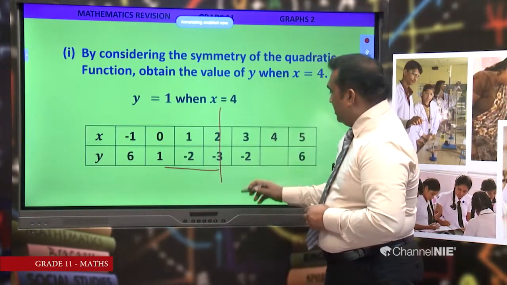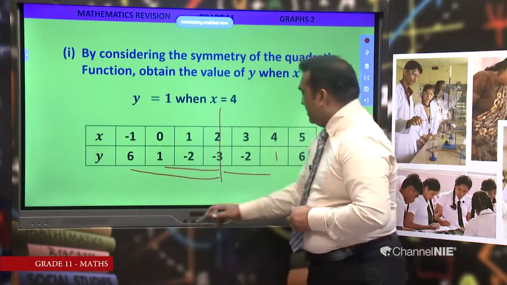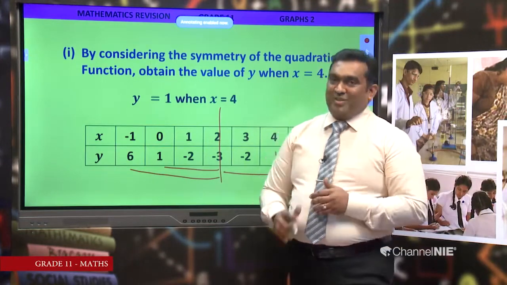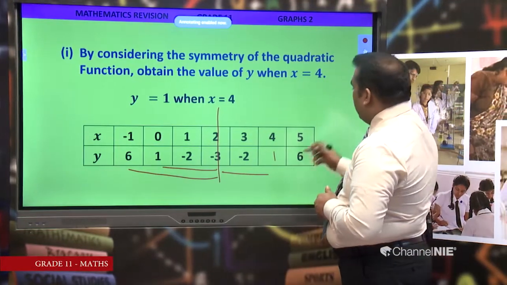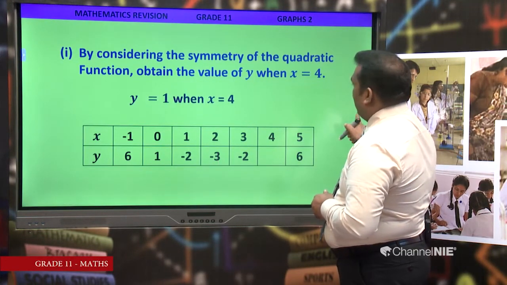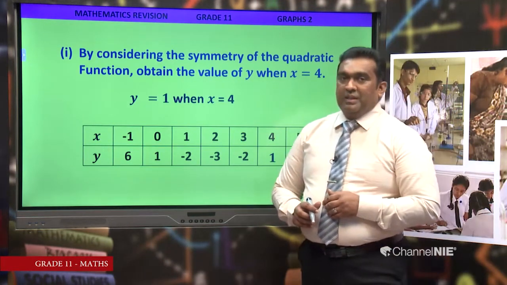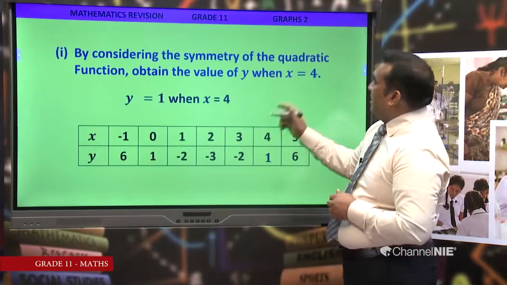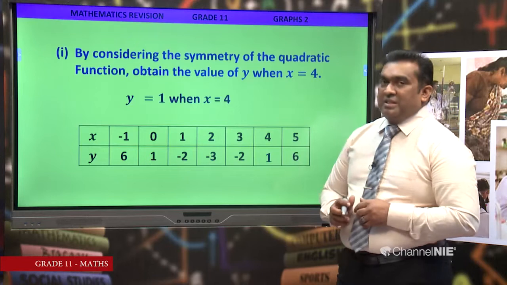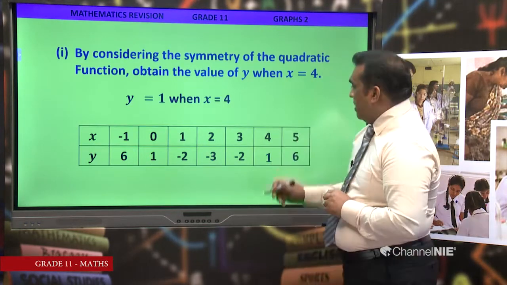This value is 1, therefore this value is also 1. The third value is 6, here the third value is 6. Considering the symmetry, you can find y equals 1 when x equals 4. Understood? By considering the symmetry of the quadratic function. In this case, they did not use the substitution method.